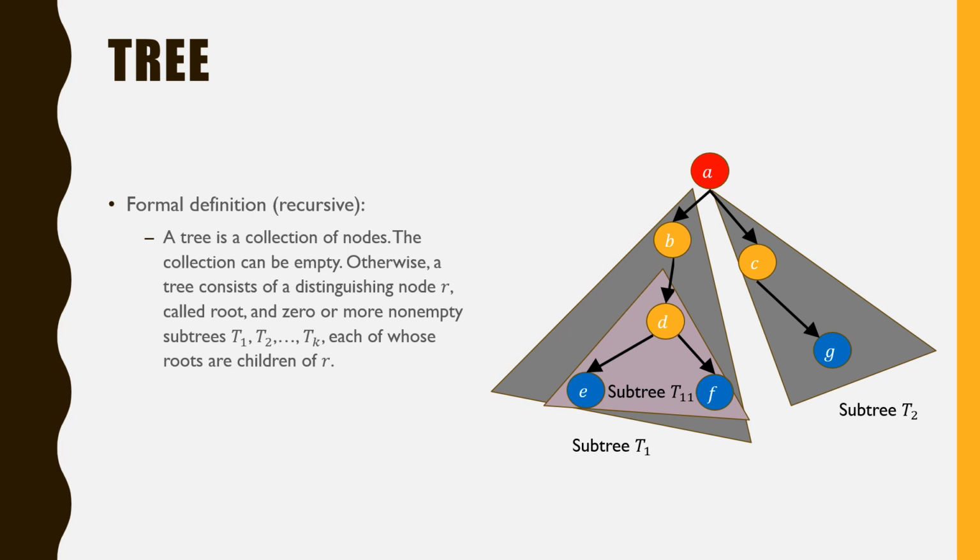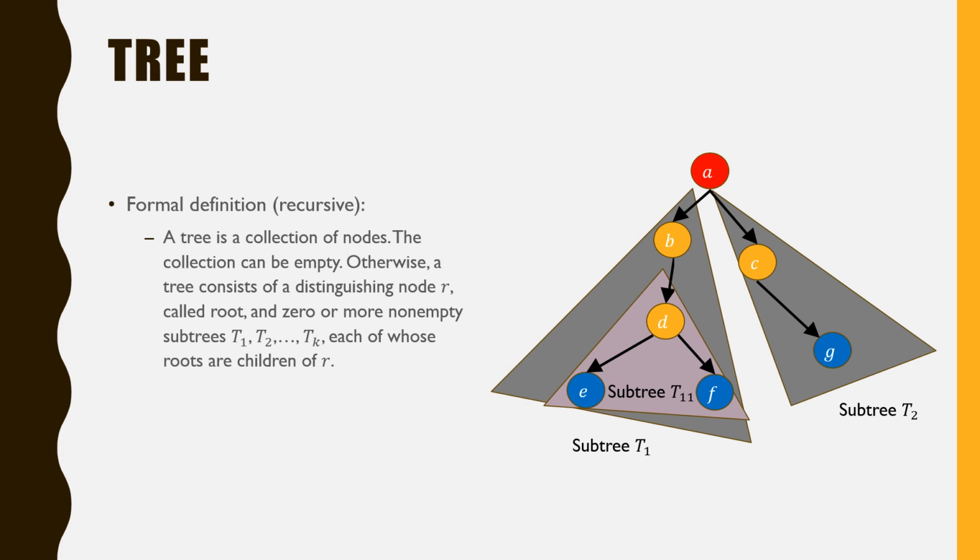For example, consider the node A as the root of the tree. Its two non-empty subtrees, T1 and T2, have their root nodes, B and C, as the children of A.